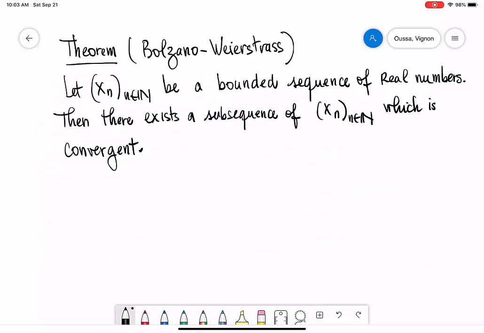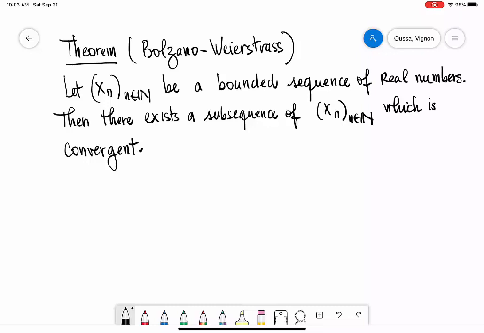Important result in this lecture is called the Bolzano-Weierstrass theorem. In fact, it's an important theorem for our class. And essentially, the Bolzano-Weierstrass theorem says the following.